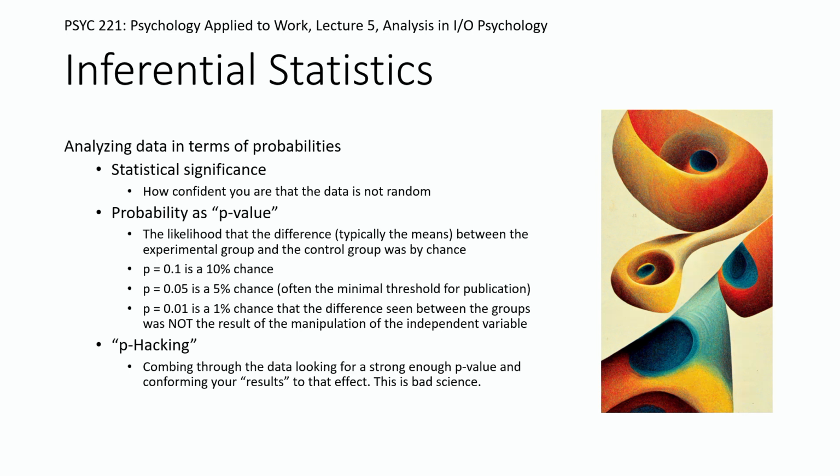So let's look at a p-value of 0.05, 1 in 20, 5% chance. Well, if you were actually tracking 10 different variables, the probability that you might find a good correlation between one of those 10 and the outcome you were looking at is high. You're essentially, after the fact, redefining what's an independent and a dependent variable when you're p-hacking.